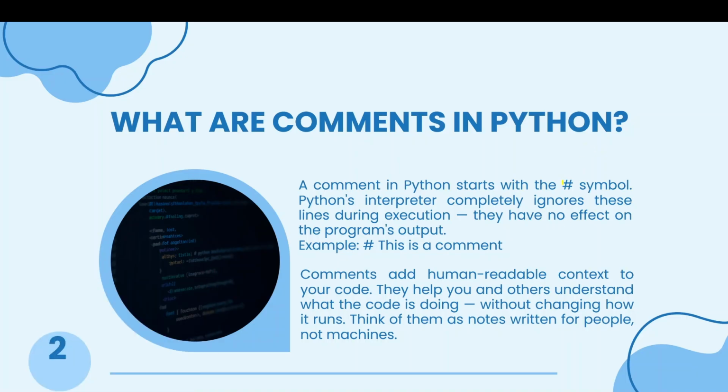So as you can see, this symbol, whenever you use this symbol and write something after it, our Python interpreter is going to completely ignore that line, and then our code is going to execute. Our Python interpreter ignores these comments.